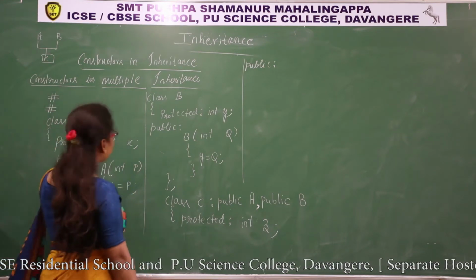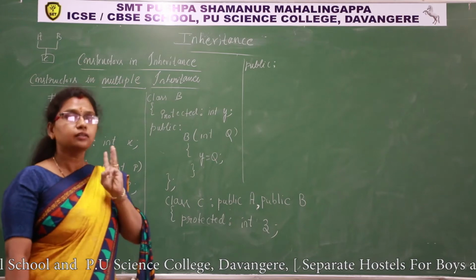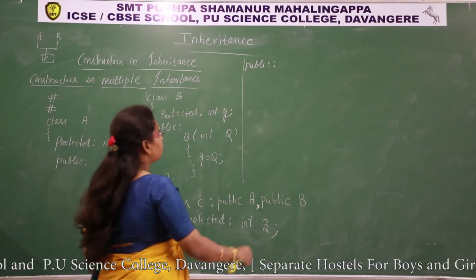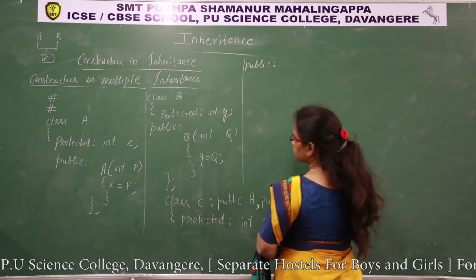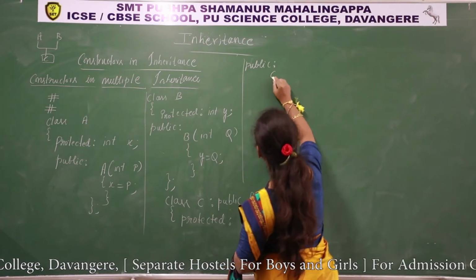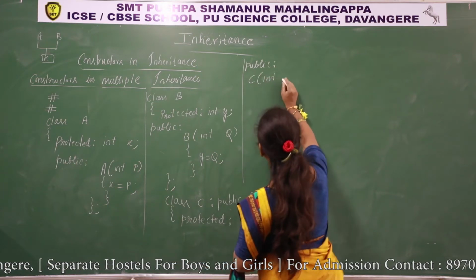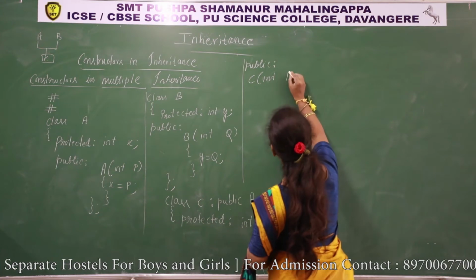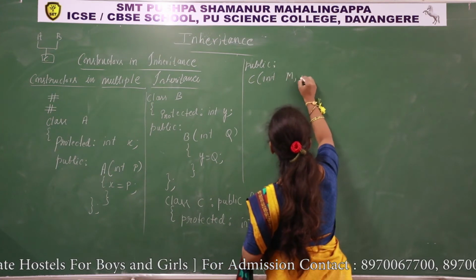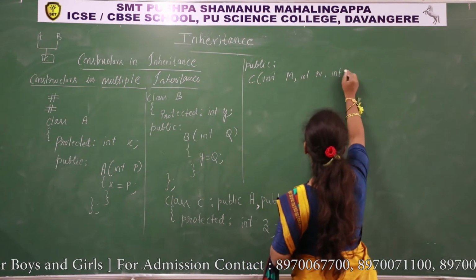Now total how many parameters are required for the class C constructor? 3 parameters. That's why we have to take 3 formal arguments in the constructor declaration, constructor definition. Name of the constructor is C. Int, I take int m, int n, int r I take here.